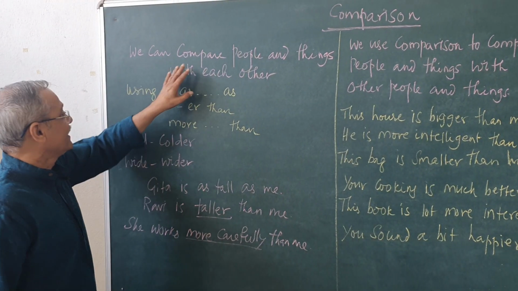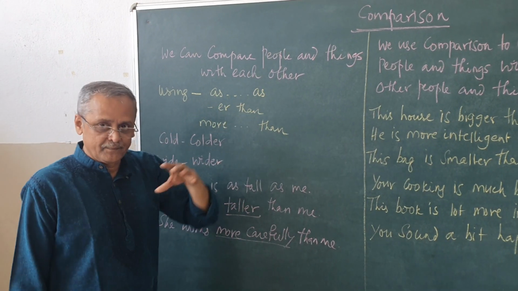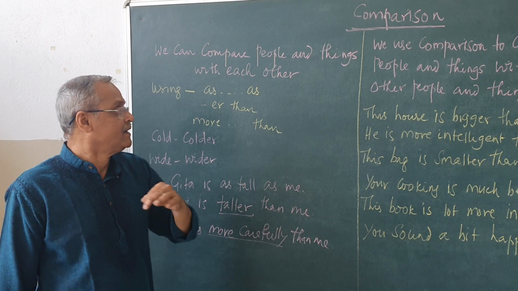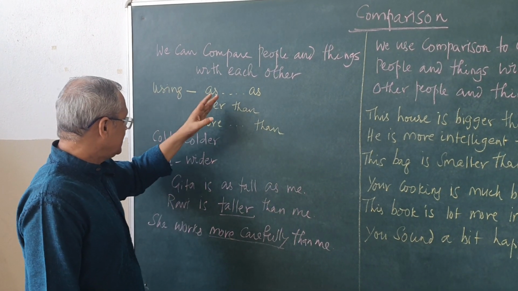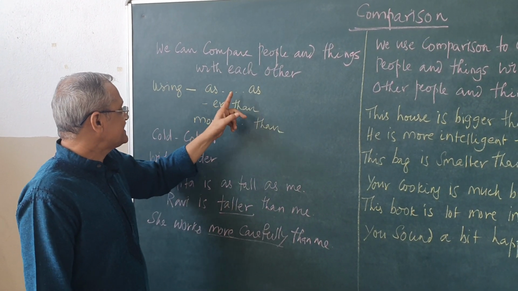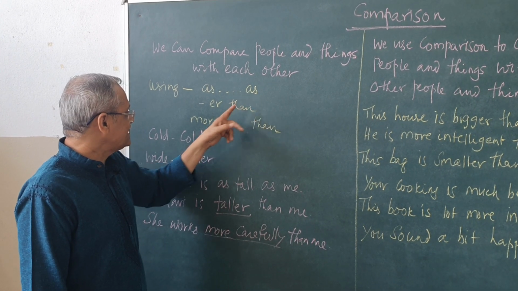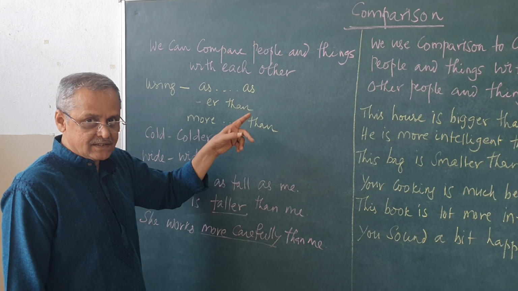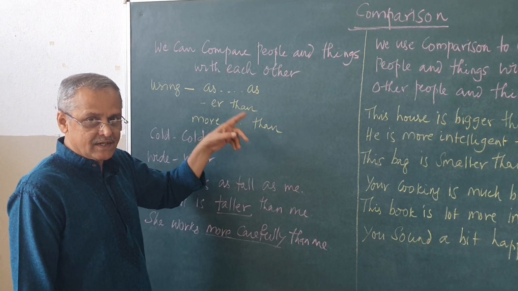See here, we can compare people and things with each other. Comparison happens in our day to day speech. While using it, we use adjective and verb plus er than, like lighter, stronger, faster, harder.